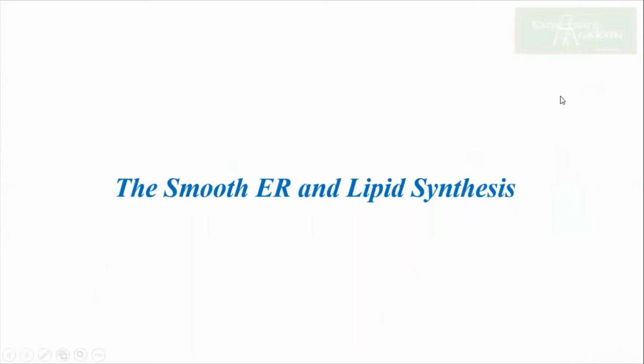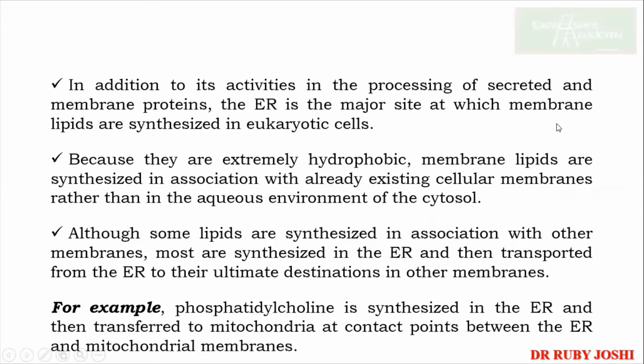Now coming to the smooth ER and lipid synthesis. We know SER, or smooth endoplasmic reticulum, is responsible for lipid synthesis. In addition to its activities in the processing of secreted and membrane proteins, the ER is also meant for lipids. Because they are extremely hydrophobic, membrane lipids are synthesized in association with already existing membrane rather than in the aqueous environment of the cytosol.